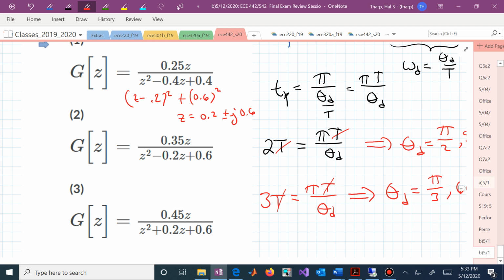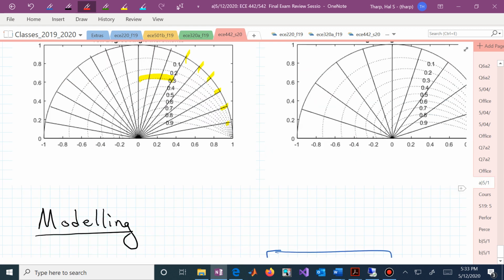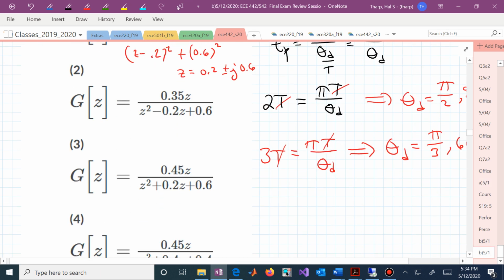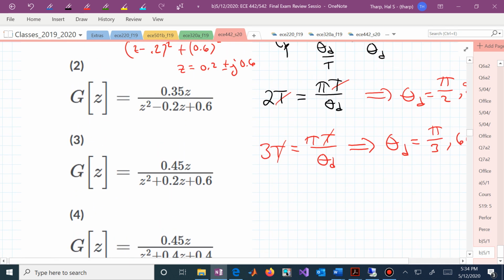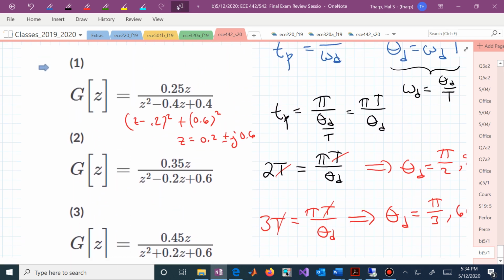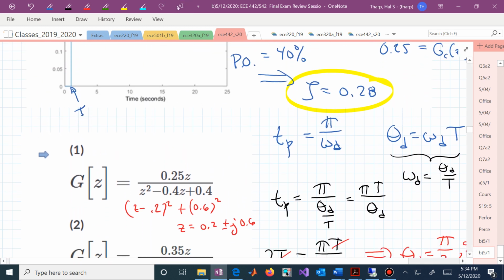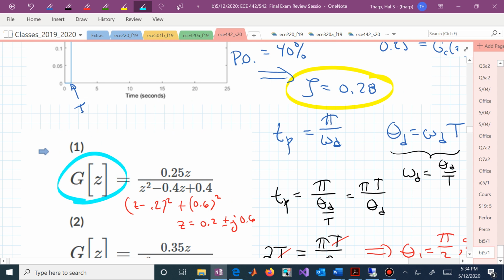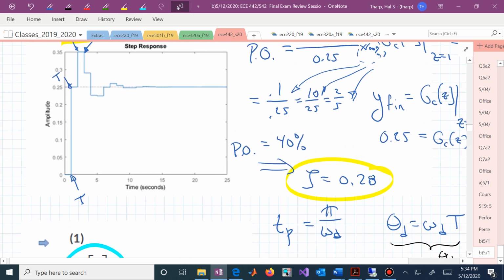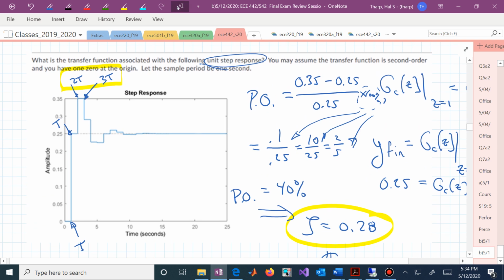And if we go back to what I just had, that said we were at 0.2 plus and minus 0.6. And if I could draw a straight line, that's probably the correct answer. If you start doing it other ways, you might find that you don't see any of these, but you can also double check that this in fact does have the DC gain that's necessary, and so that is in fact the transfer function for this particular system identification problem.